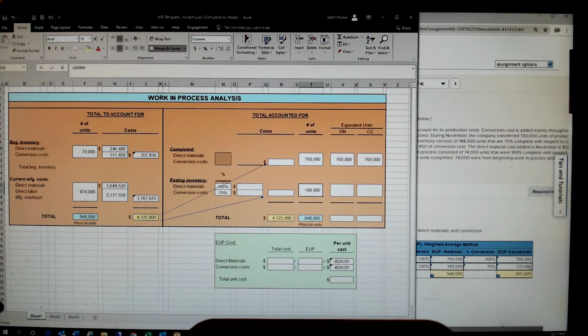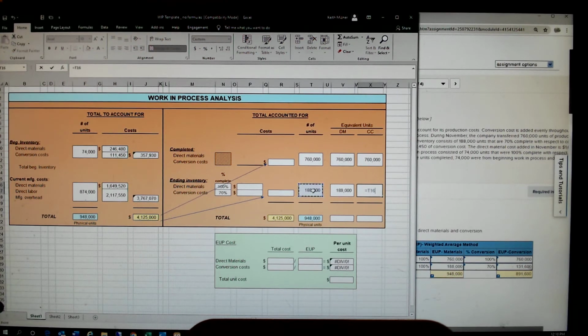The ending inventory, these 188,000, they are 100% complete with regard to materials. So how many units do they represent with regard to materials? 188,000. Because the materials are added at the beginning of the process. They are whole with regard to materials. They just haven't been completely converted yet. These 188,000 that are 70% completed, how many equivalent units do they represent with regard to conversion costs?